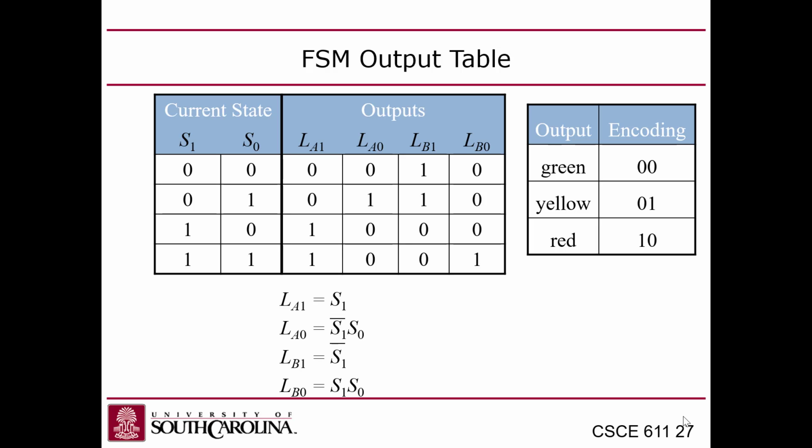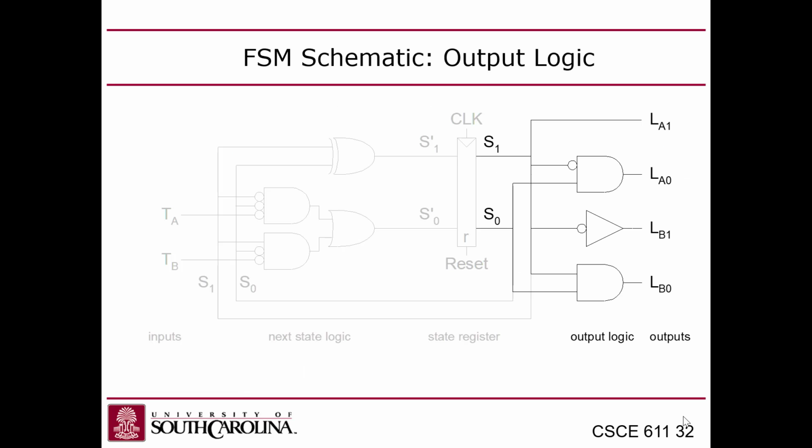It turns out that the most significant bit of the light output for Academic Avenue is just bit S1. So that should feed straight through, right? Yep, there it is. It branches off and just goes straight out.